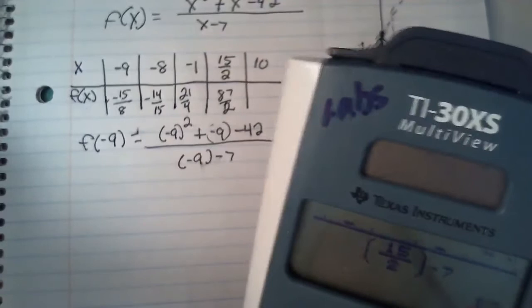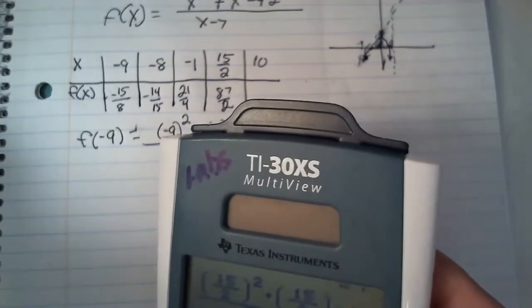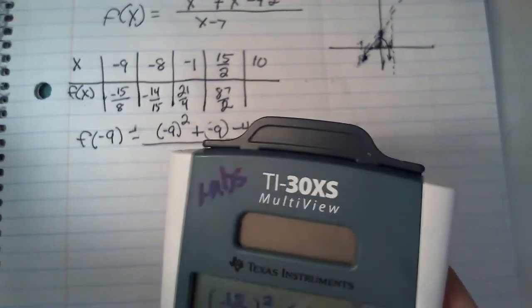And my last value I need is a 10. So I'm going to replace all of those. I can delete that. Go over here, 0 there.